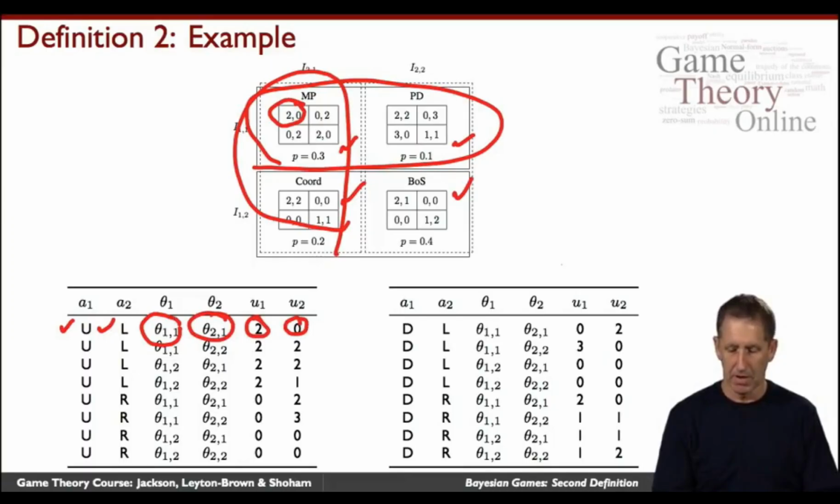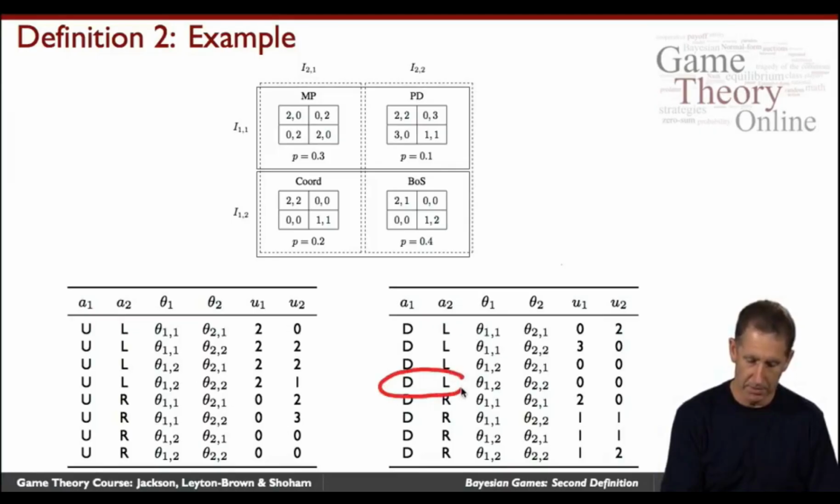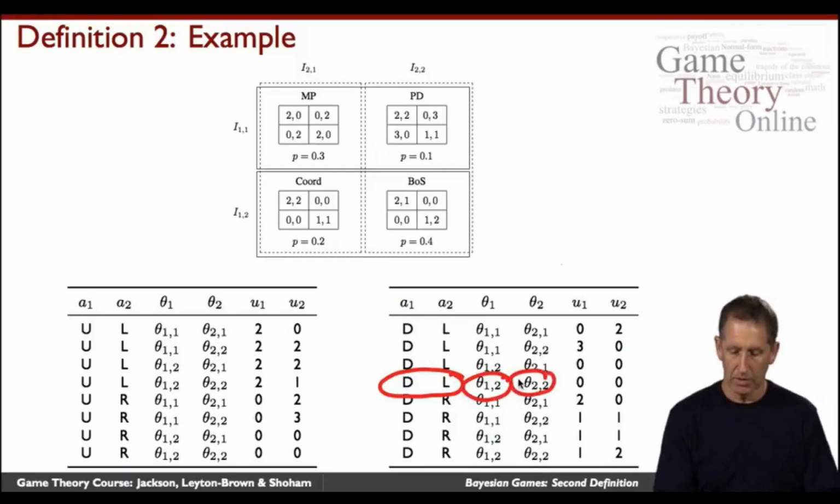Let's take some other example here, clearing the slide. Let us look, for example, at down and left when the types are these. Well, what are the types? So the type is this one right here.